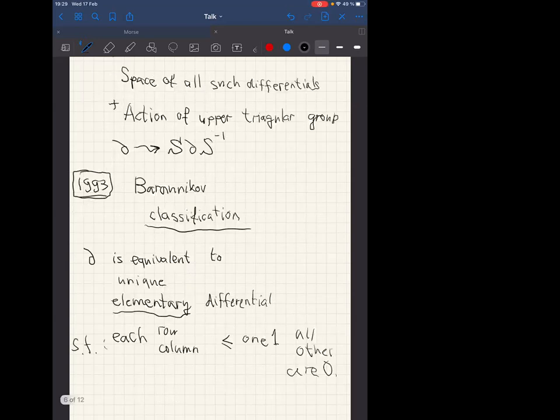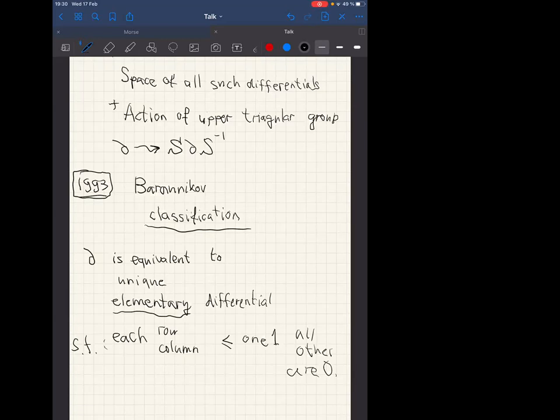And the solution to this problem will give us invariants of a strong Morse function. This algebraic problem was solved by Barannik. Here, it classifies complexes up to upper triangular groups.